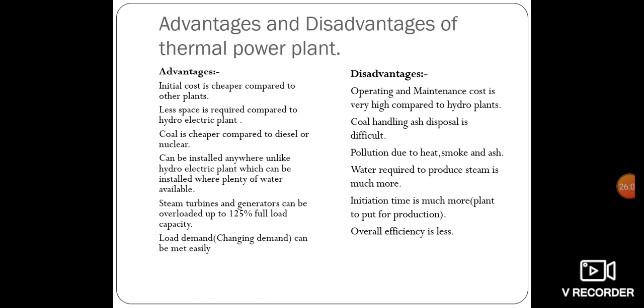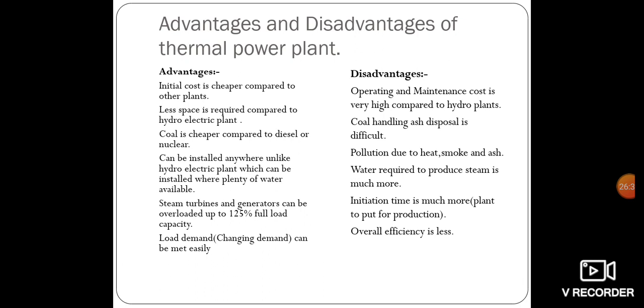Steam turbines and generators can be overloaded up to 125% of full load capacity. So the steam turbines can be loaded up to 125% of full load capacity, meaning around 25% extra compared to other types of power plants.